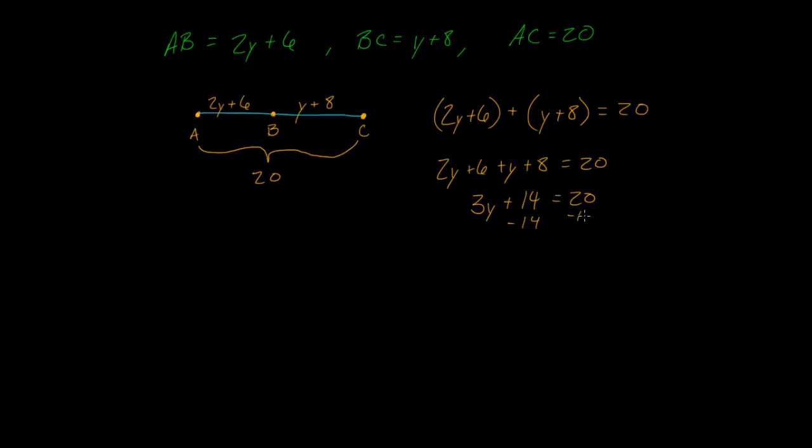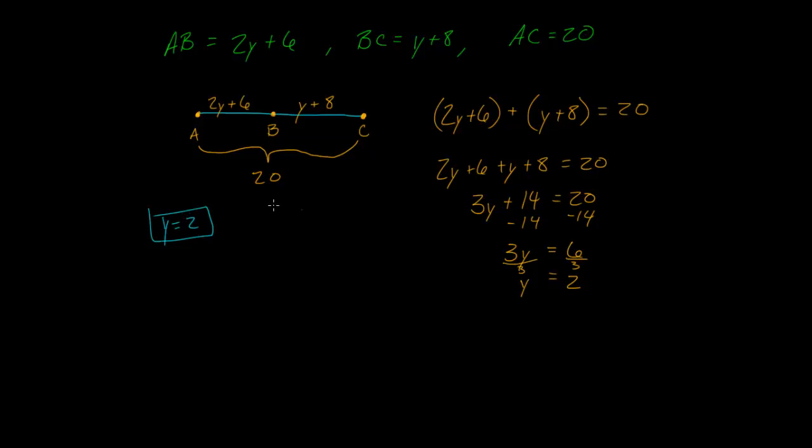Subtract 14 from both sides. 3y will now equal 6. Divide by 3 on both sides. y equals 2. So now we've determined the value of y. That's the first step, since it says find the value of y. So y equals 2.